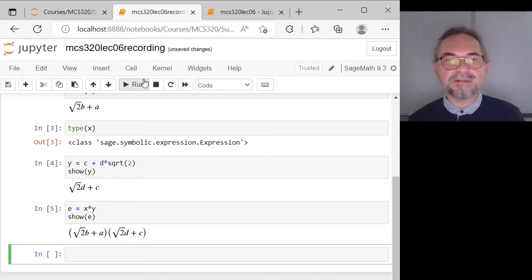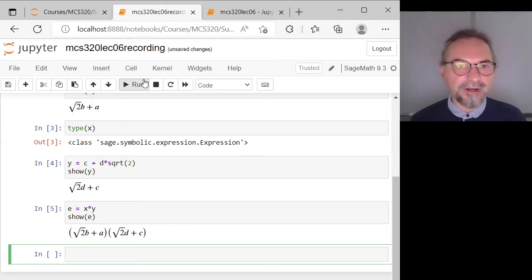Because we are thinking about algebraic numbers, we see this as a plus b times the square root of 2. But you see that Sage has another idea on this. Sage sees this as a more complicated term, b times the square root of 2, which is rearranged, and plus a, the simpler term.